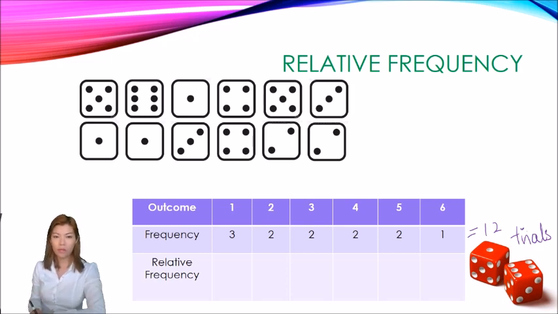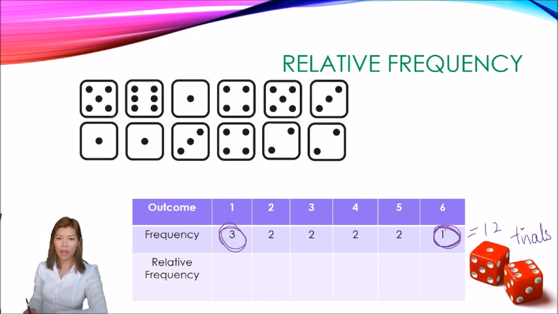The relative frequency is talking about when we compare this to the total. So if I look at number 1, we can see that 1 occurred many more times than 6. So we can say that 6 has a smaller relative frequency than a 1. Or in other words, 6 will happen less often than 1.